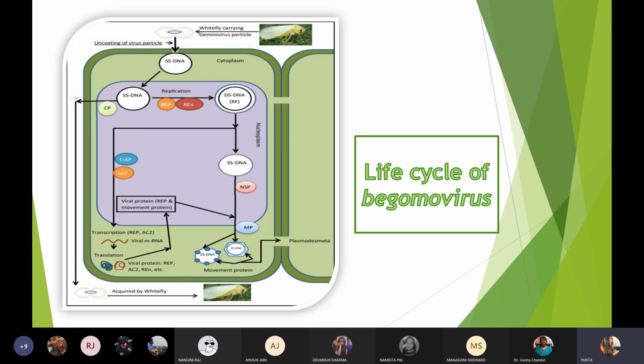So when this single-stranded DNA of the cotton leaf curl virus interacts with the coat protein, it forms the capsid of the virus particle.